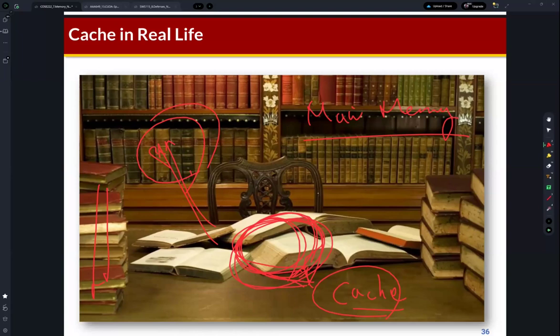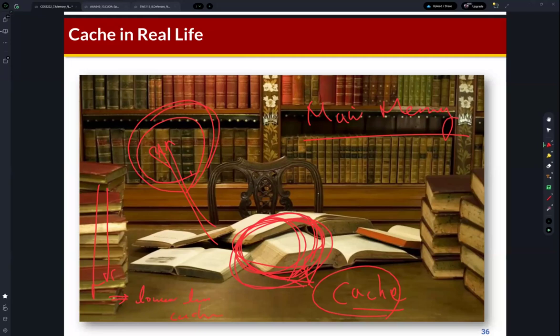Even though the access time to this pile of books can be longer than to a book on the desk here, the access time of this book is lower than the access time to the books on a bookshelf, right? So what does that mean? We can say that this is a lower level cache.